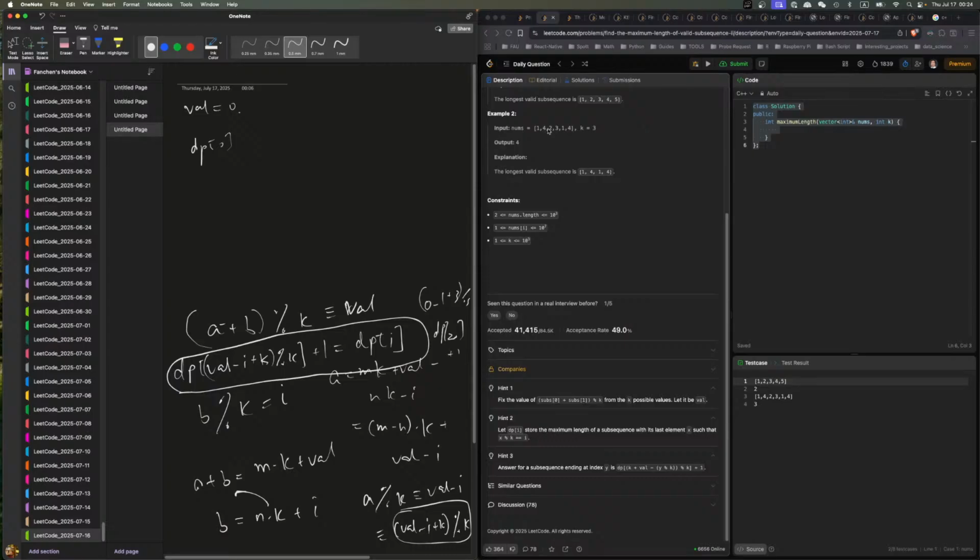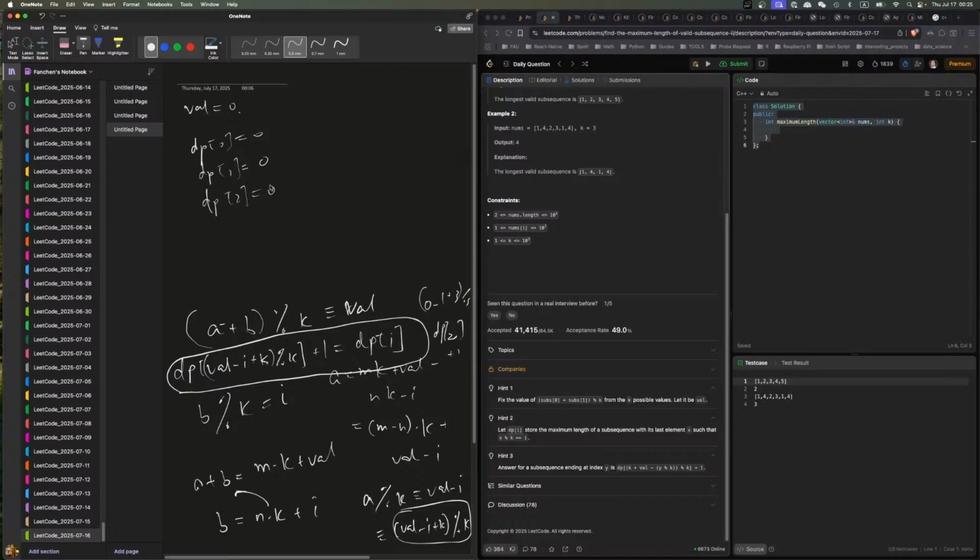Because we don't have a dp 0. dp 1, this is 1, dp 1, and, well, I mean, 1 plus 4 is 5, and 5, so do we say dp1 is also 0 and then dp2 is also 0?